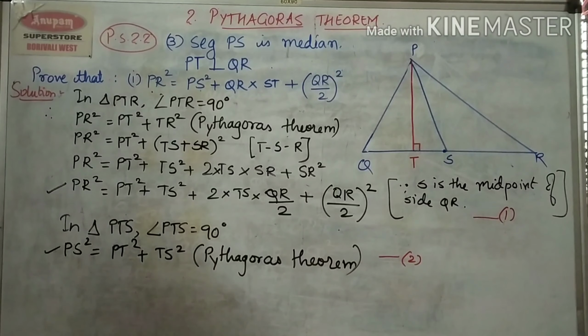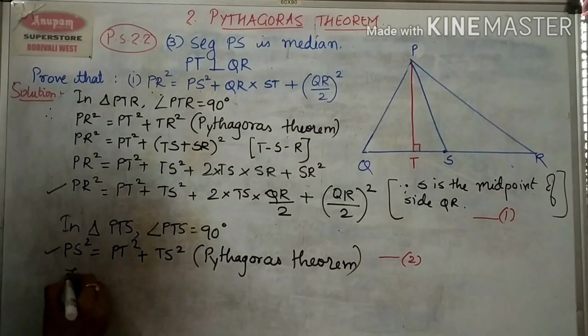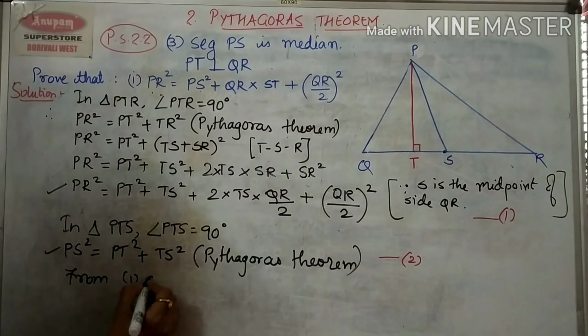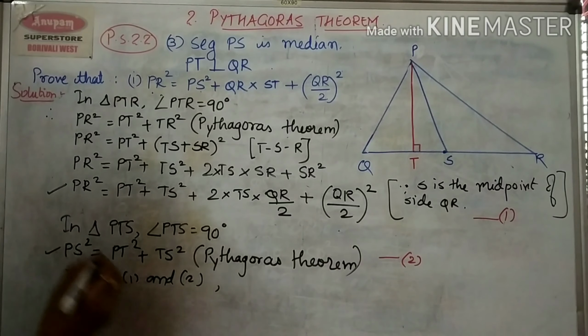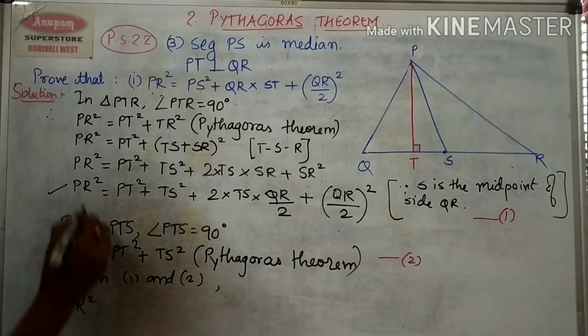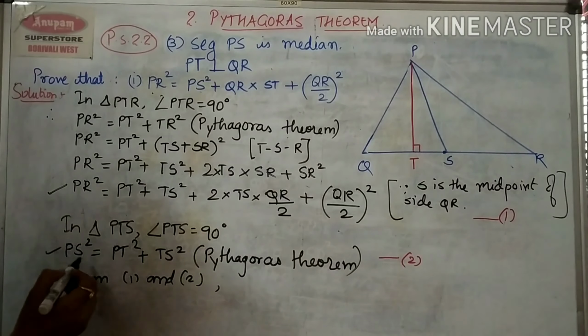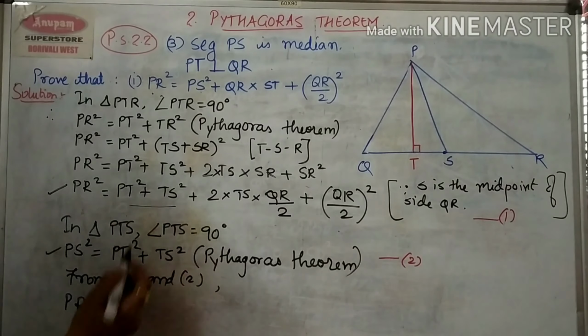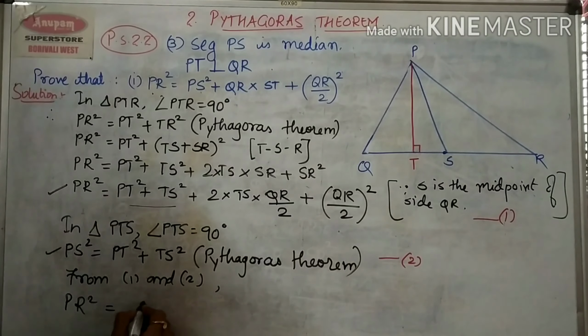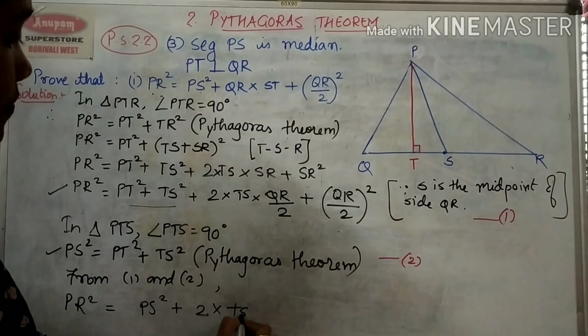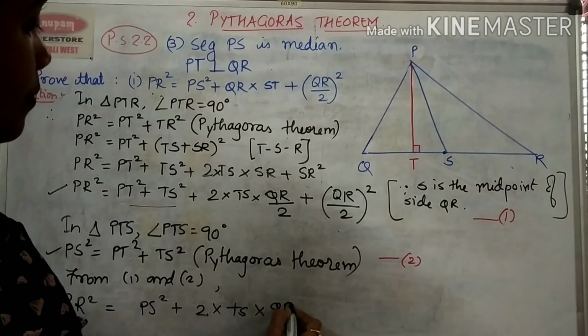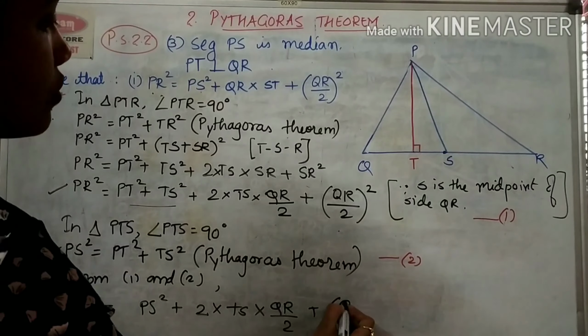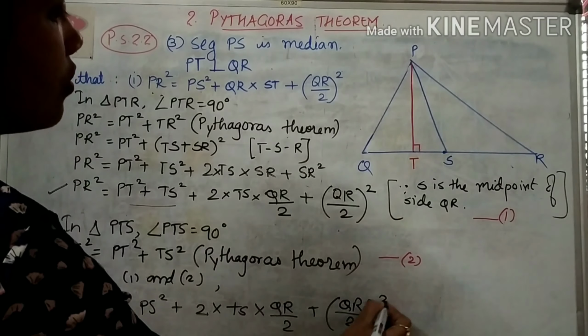So from 1 and 2, I can say that PR square I write down as it is, this PS square will be equal to PT square plus TS square. So instead of this, here I am going to write PS square plus 2 into TS into QR upon 2 plus QR upon 2 the whole square.